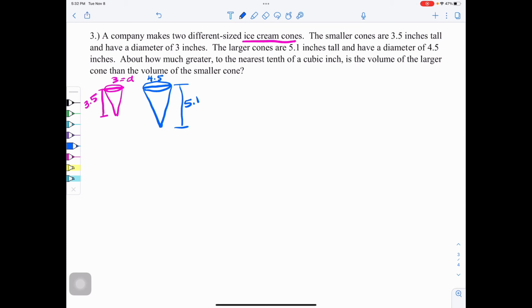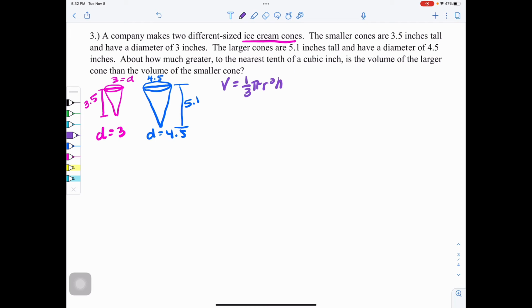So, again, we have to think about what we were given. These are diameters. I know if I'm going to start finding the volume of cones, my formula is V equals 1/3 pi r squared h. I need a radius and I need a height.